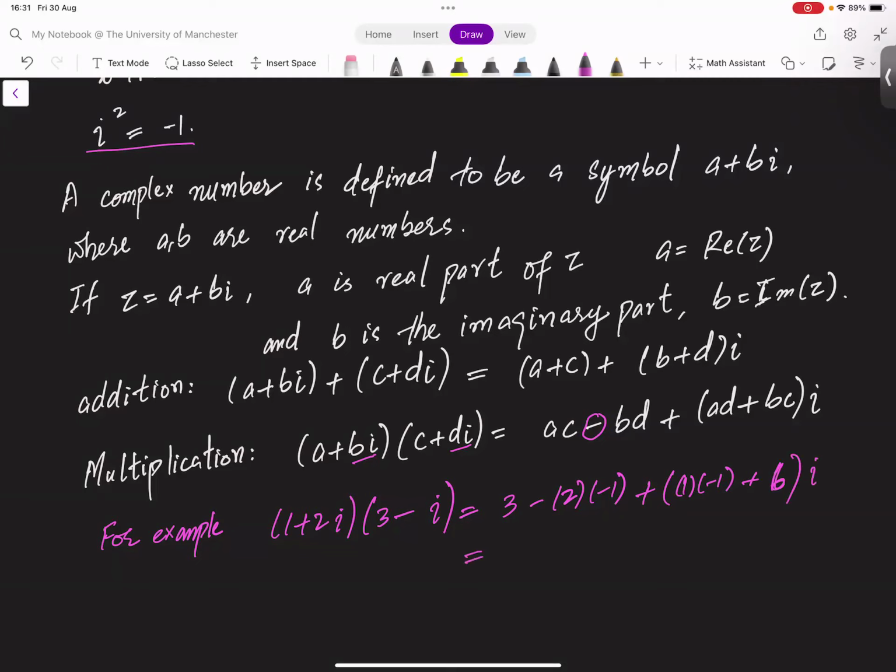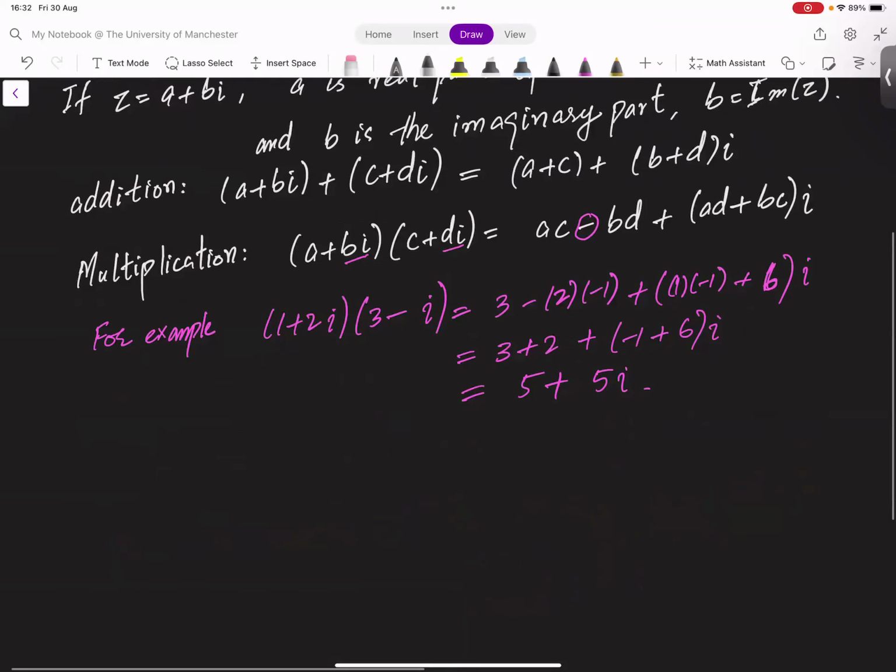So this will be equal to 3 plus 2 plus (-1 plus 6) iota, and that will be 5 plus 5 iota. This is how we can solve the multiplication.